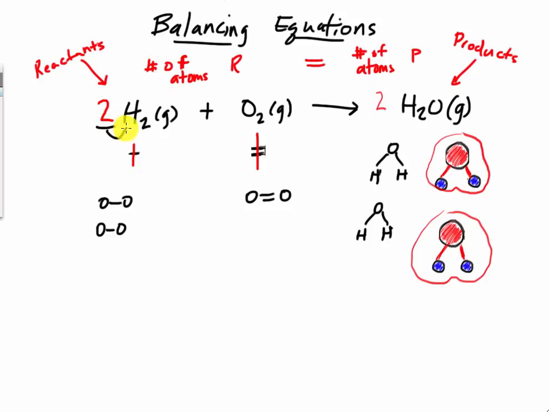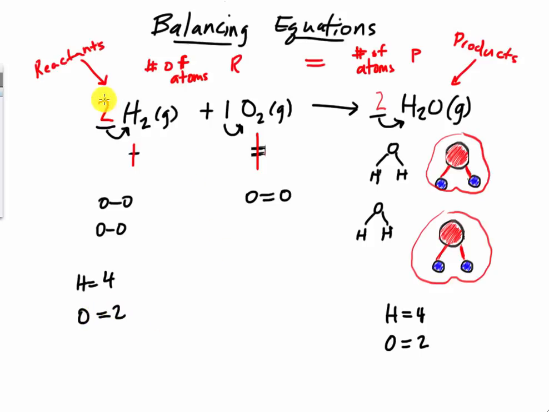So this 2 means I have 2 of these. You can imagine there's a 1 here, meaning 1 oxygen, and 2 water molecules. Each water molecule has 2 hydrogen atoms. So on this side I have 4 hydrogens and 2 oxygens. On this side I have 4 hydrogens and also 2 oxygens.